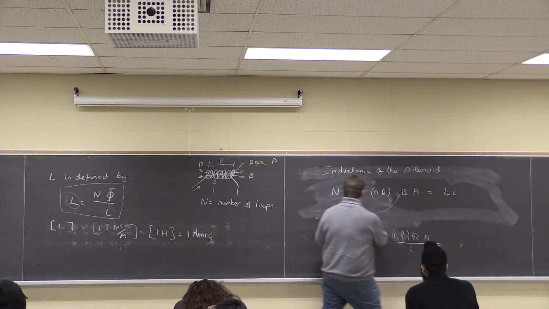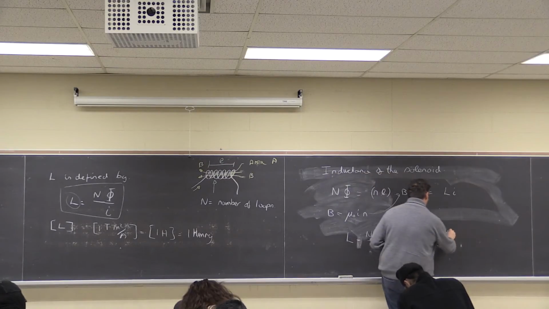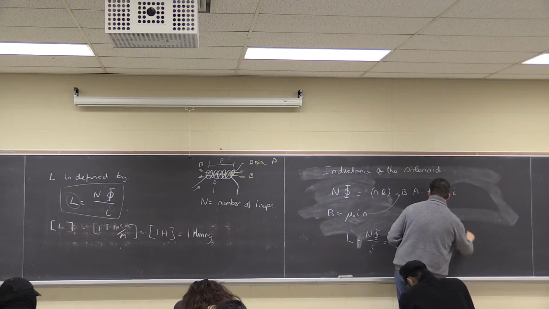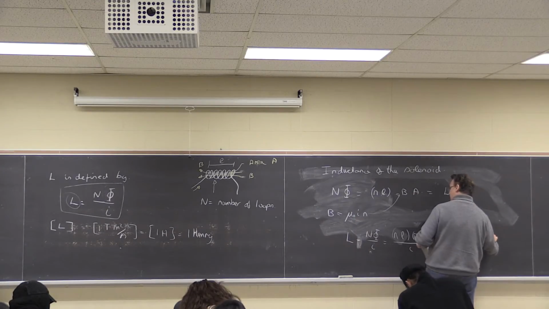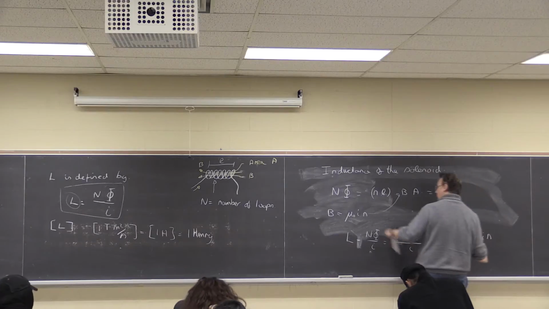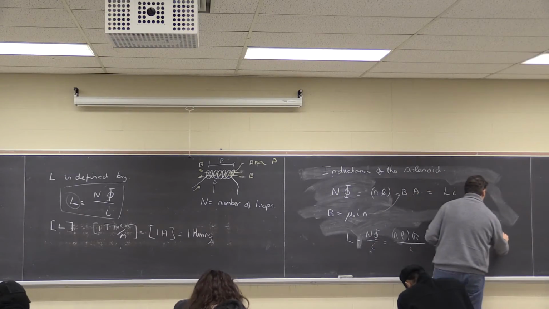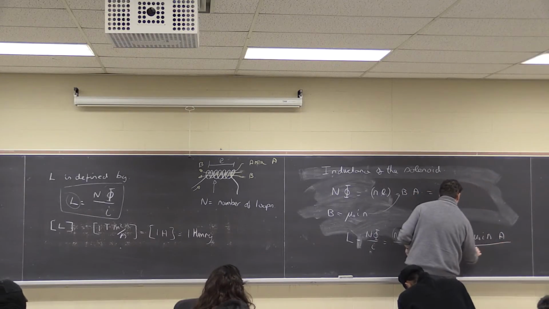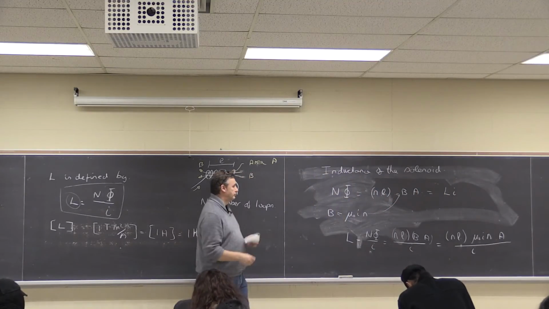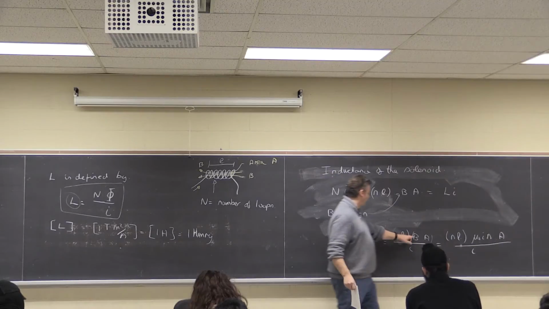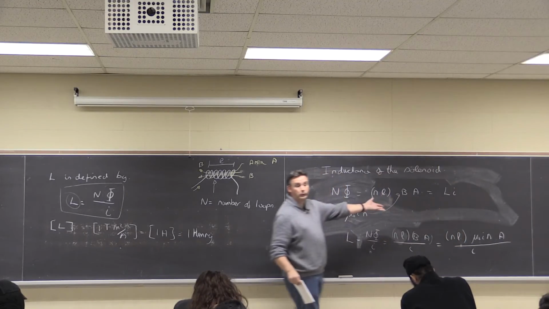I can substitute for magnetic field now. That would be N times L. B is going to be mu naught I times n. I still have area, and I have current. Okay, so the only thing I've changed is B, and I've used the field for a solenoid.